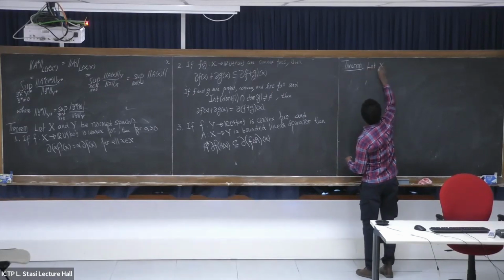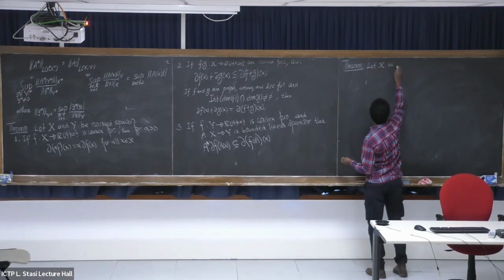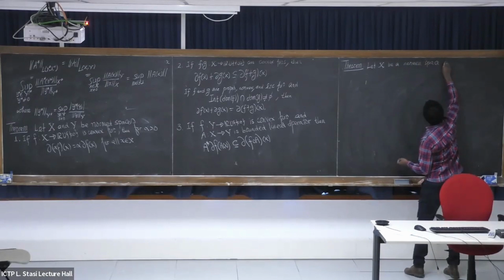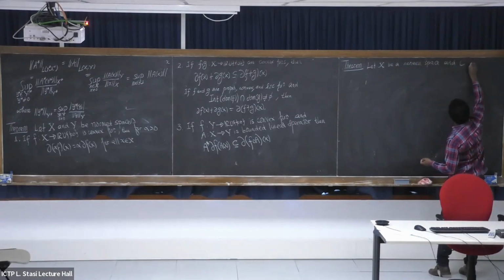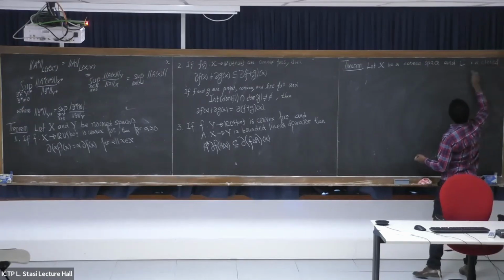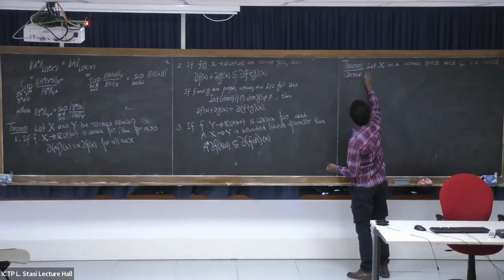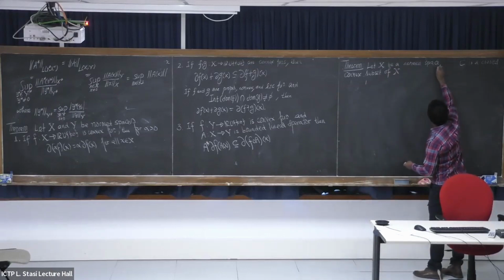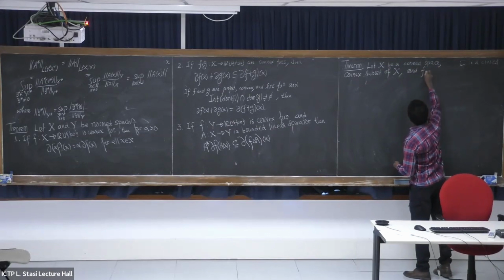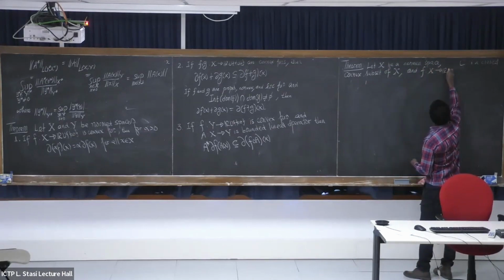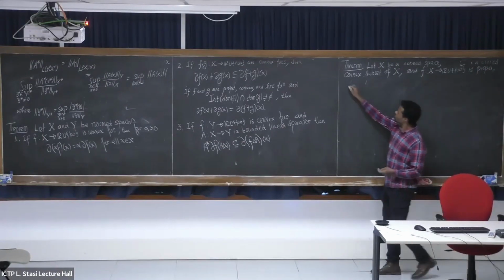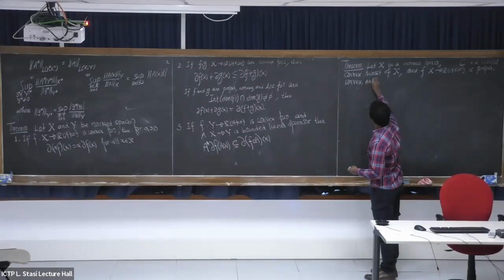Let X be a normed space. C is a closed convex subset of X. And f is a proper convex and lower semicontinuous function.